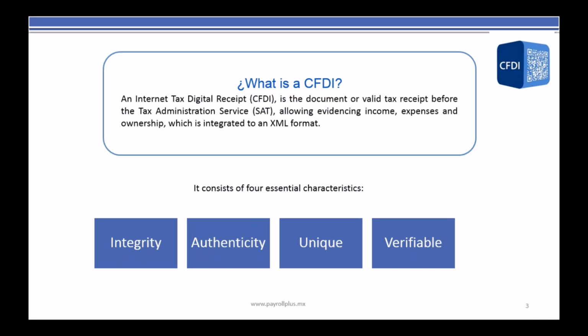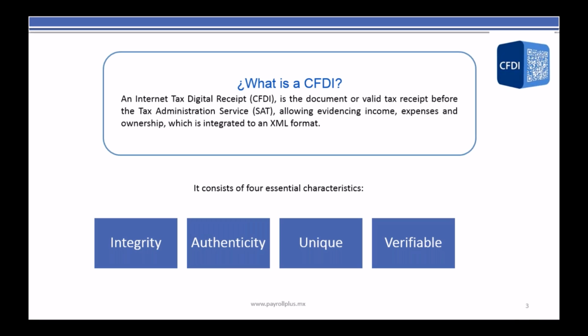And what is this CFDI? It has 4 essential characteristics that make it valid. That's why the authorities decided to move from pre-printed forms back in 2010 to electronic invoicing, because this document is able to demonstrate the integrity or the identification of the vendor and the client.